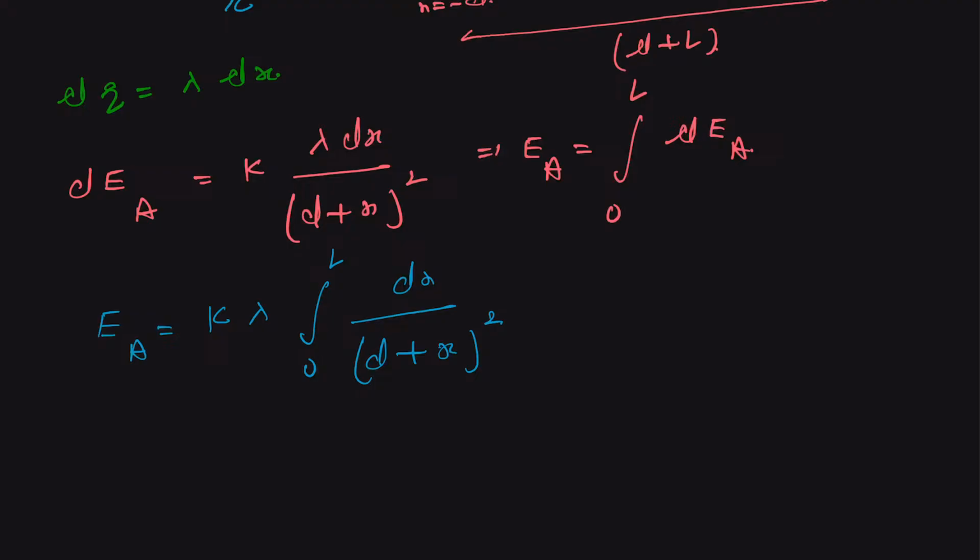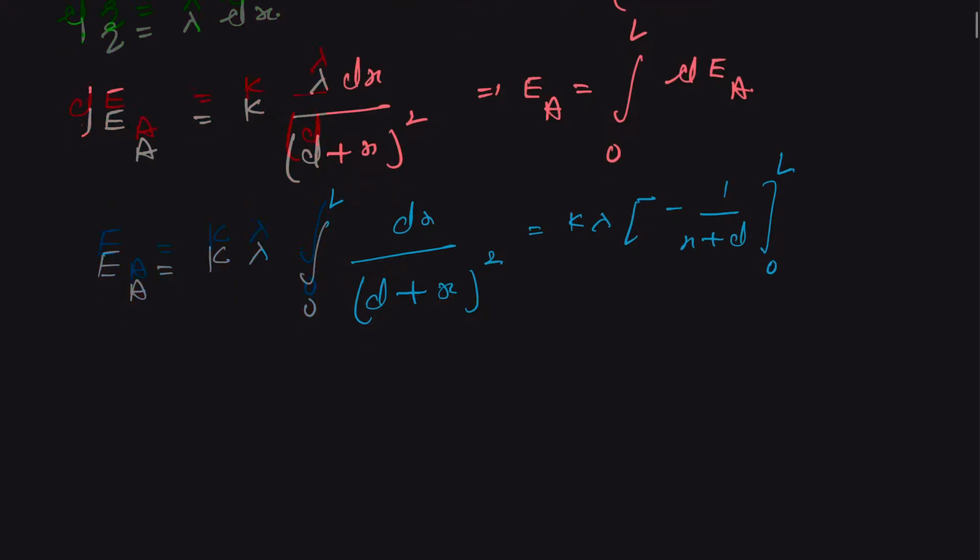Now we can just evaluate our integral, and it will come as k lambda times minus 1 upon x plus d, and the limits are from 0 to L.